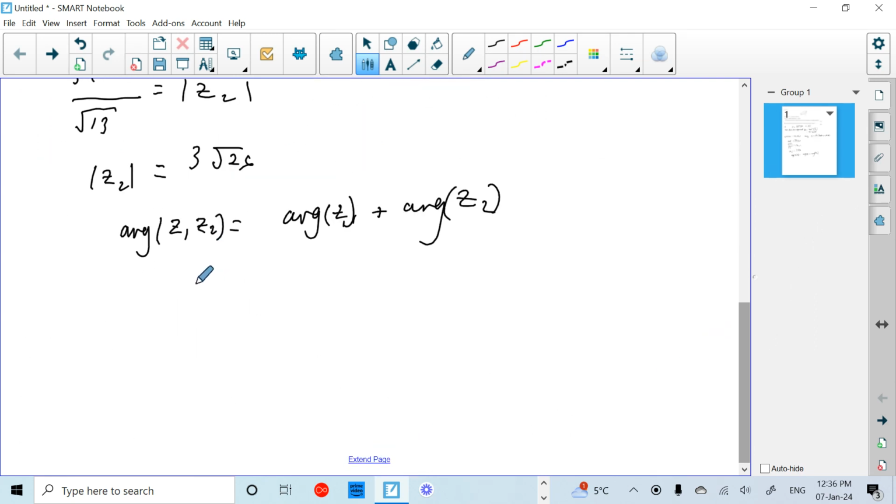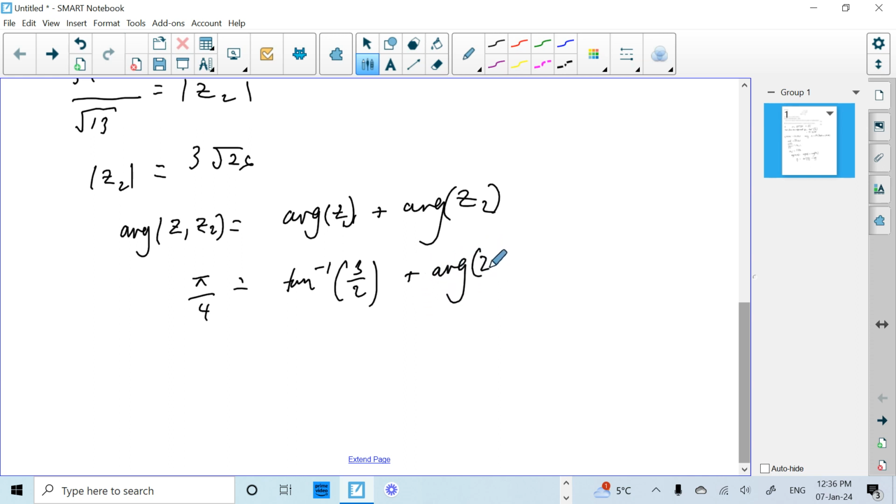So pi over 4 equals my result for arg z1, which is inverse tan of 3 over 2, and then add that to the arg of z2.